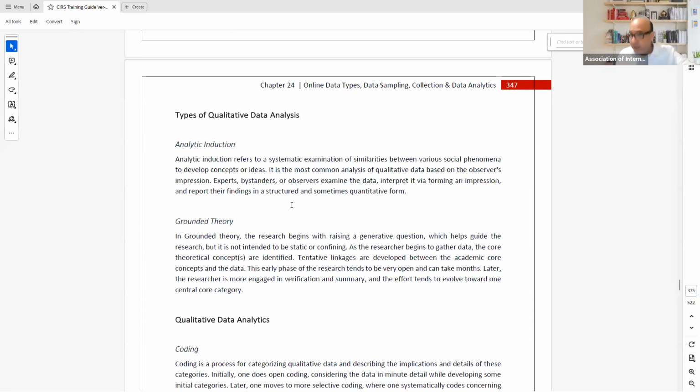There is analytic induction and there is grounded theory. Analytic induction means you are collecting information which is happening in real time, something which starts and concludes at the same time. You're doing your surveys, starting and concluding at the same time. Or some observation you're doing, you start making notes and complete them at the same time. That is analytic induction. I don't know why they make it sound so complicated.